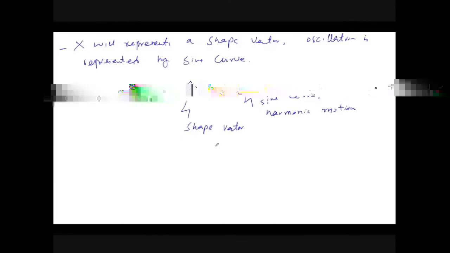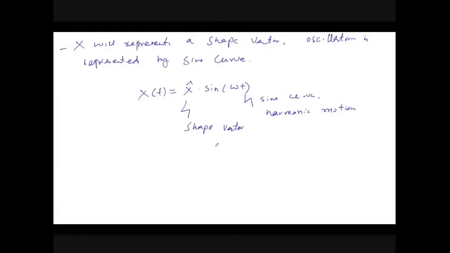The acceleration, or the second derivative of the displacement, can be written if we take the derivative of that same equation. So it will be equal to minus omega square, and again x, the shape vector, into sine omega t. So this is how we can write the acceleration of each floor.